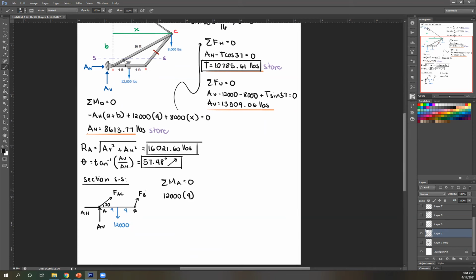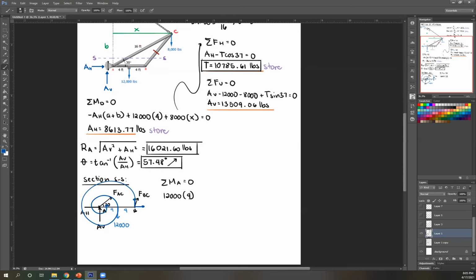Next, now what about this FBC? Okay, now remember, whenever we have a diagonal force, you have a choice to separate them into their components. So this is your vertical and horizontal component for force BC. Look at this horizontal component, it passes through A. So therefore, I can just ignore this. So now I'm left with the vertical component of FBC.